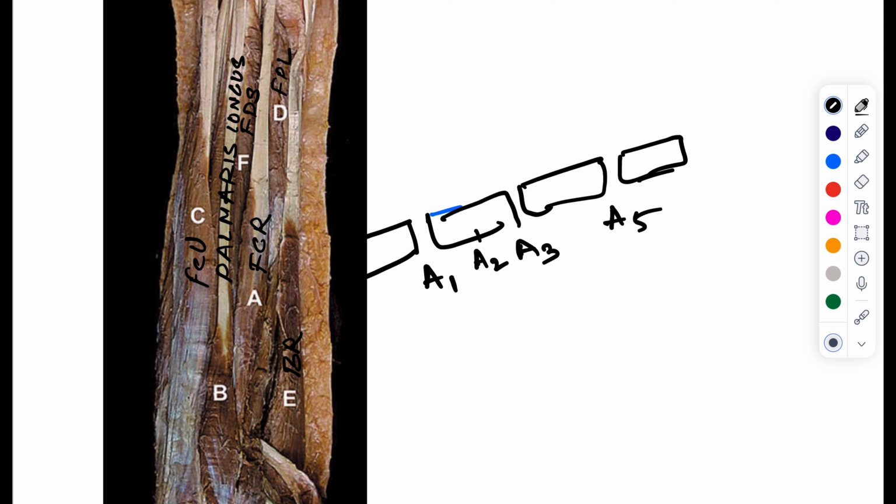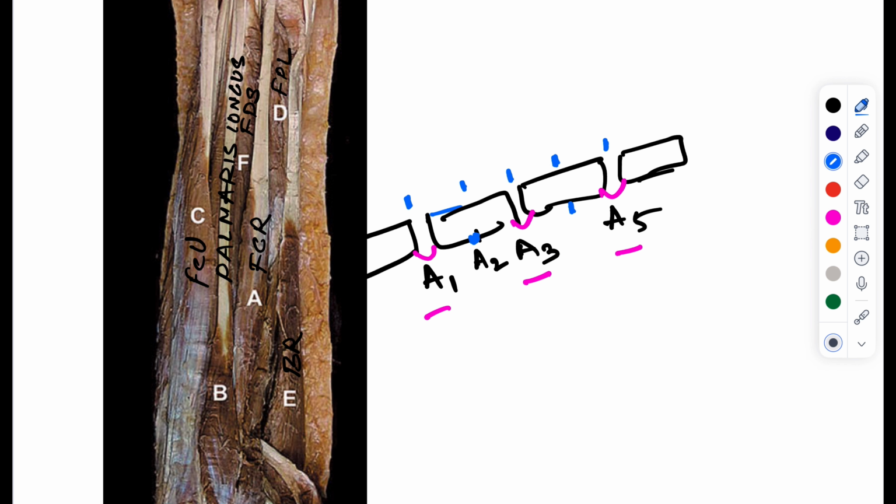A1, A3, A5 are at the joints. A2 is at the proximal phalanx, and A4 is at the middle phalanx. So from proximal to distal the pulleys are A1, A2, A3, A4, A5.